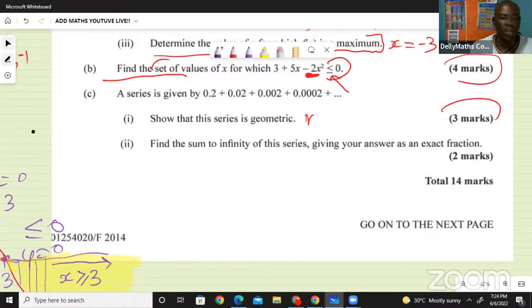Let me say it one more time. We intend to establish the fact that the last term would have been a product of the previous term times R. So there is a common ratio, and we want to show that there is a common ratio.